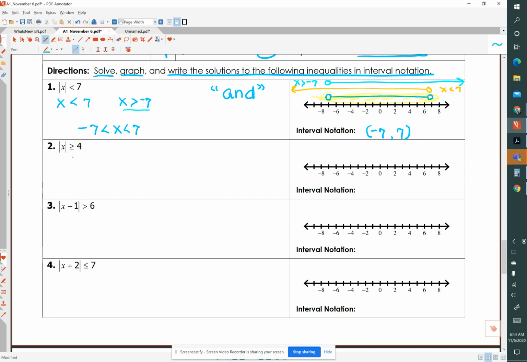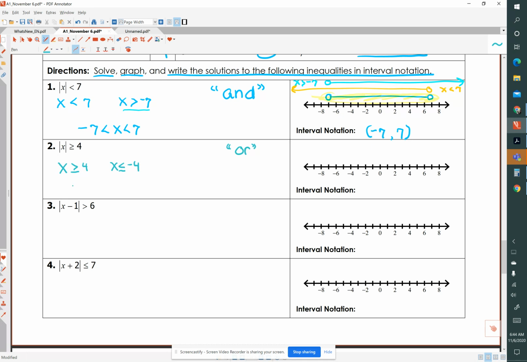We have the absolute value of x is greater than or equal to 4. This will be the or type. So with absolute value, we separate and make two cases. x is greater than or equal to 4. Now we use keep it, switch, switch.